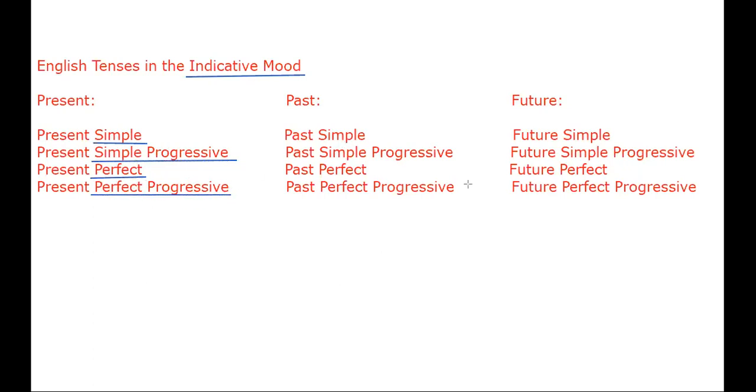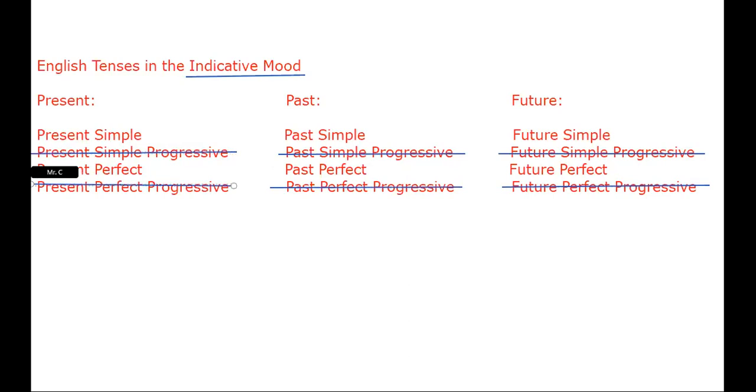And the same goes for the past and the future. Instead of throwing these at you all at once, I'm going to make this really easy. For now, we're just going to ignore the progressive aspect and focus just on the simple and perfect aspects. The progressive won't make much sense to you until you get the other two down. So let's go ahead and start doing that.